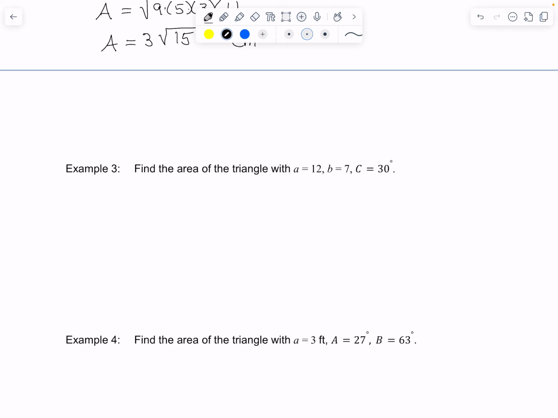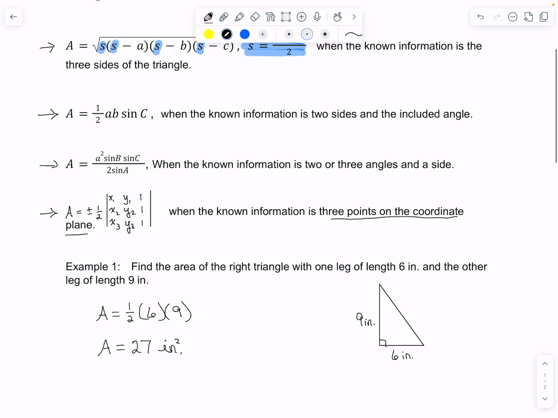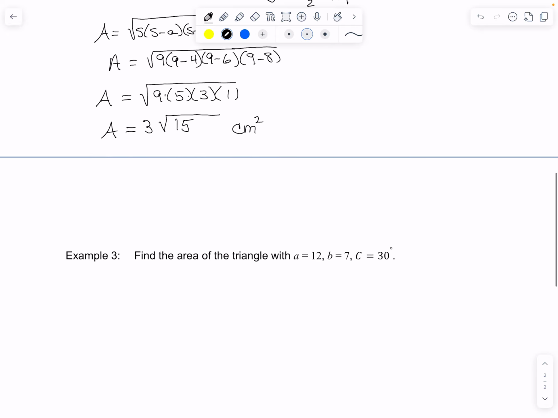So it's not opposite those sides, it's the angle between those two sides. And we're going to scroll back up and see which one we're going to use for that. And for that formula, when we know two sides and the included angle, area is 1/2 A times B times sine of the angle C.